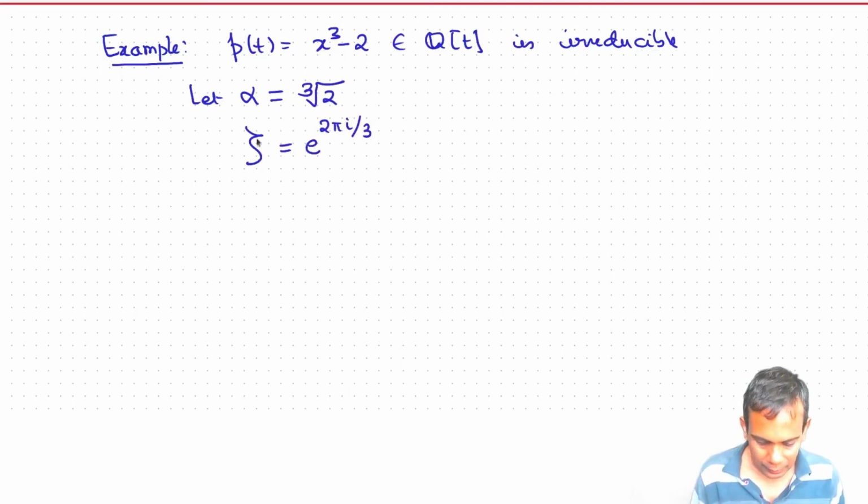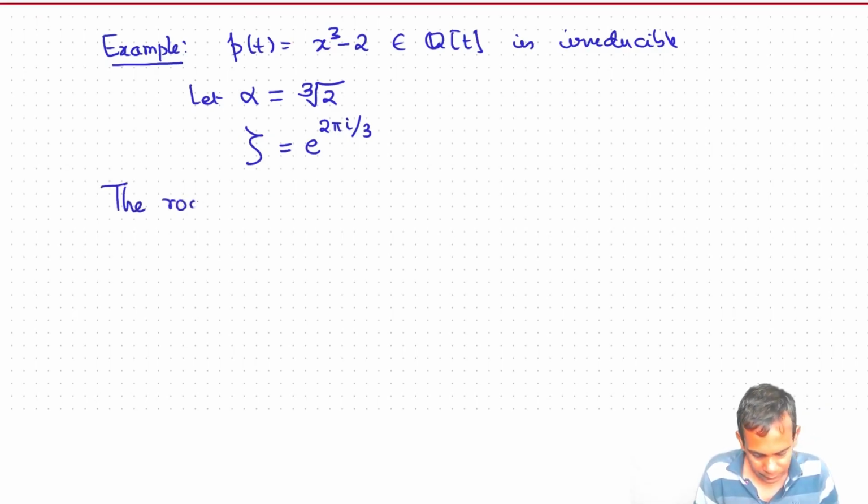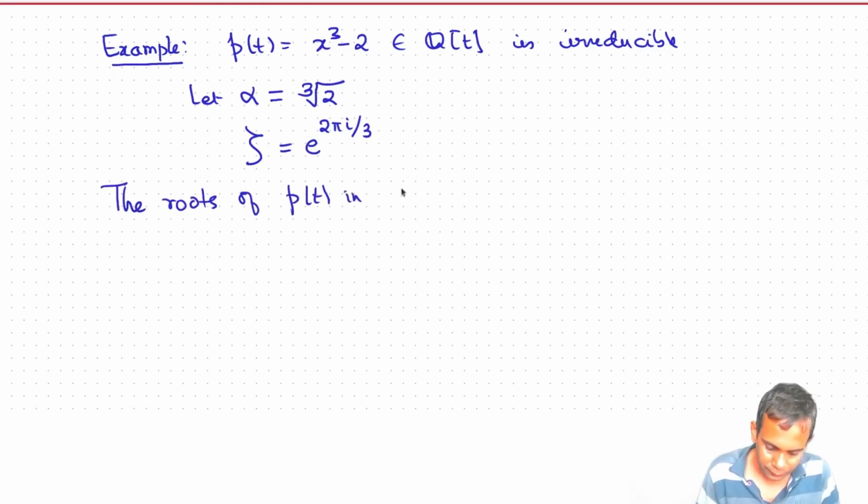So this is a cube root of 1 in the complex numbers; zeta cubed is equal to 1. Then the roots of p(t) in the complex numbers are alpha, alpha zeta, and alpha zeta squared.